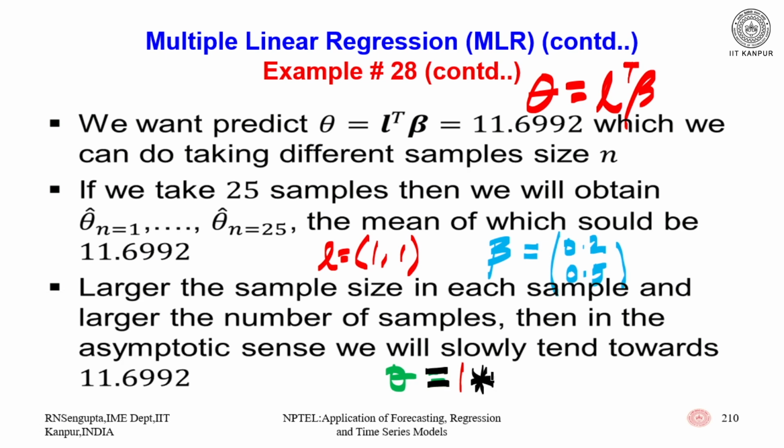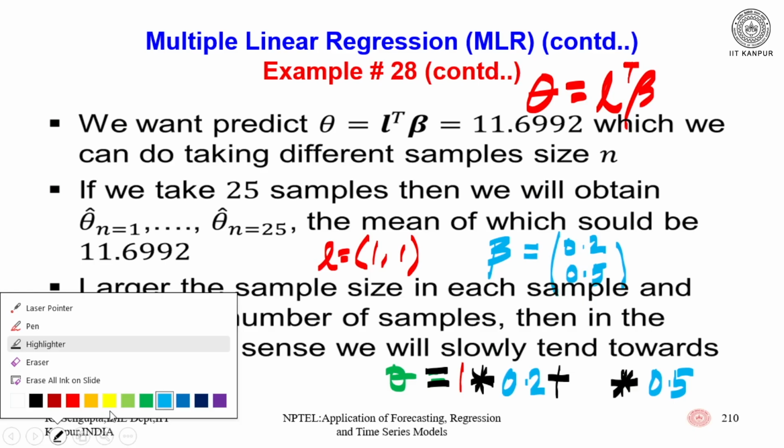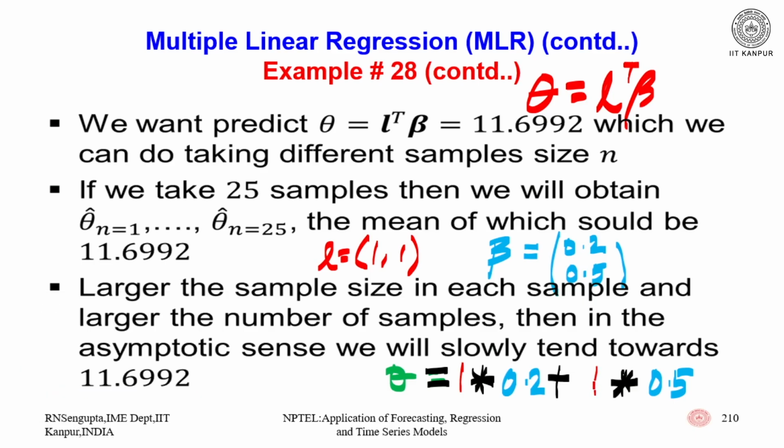I will input the values, multiplied by 0.2, and the value for the second term is 1 into 0.5. The total value comes out to be 0.7.